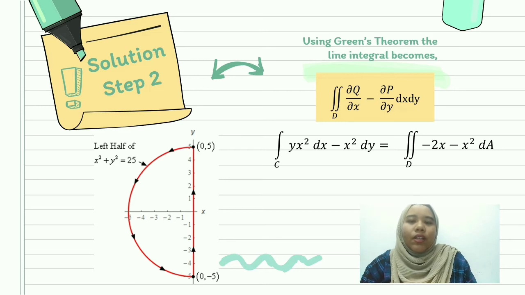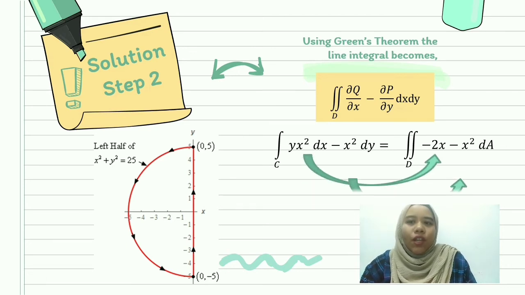So where do these values come from? They come from the partial differentiation of the P component and Q component as stated in step 1. For the P component, we differentiate in terms of y.